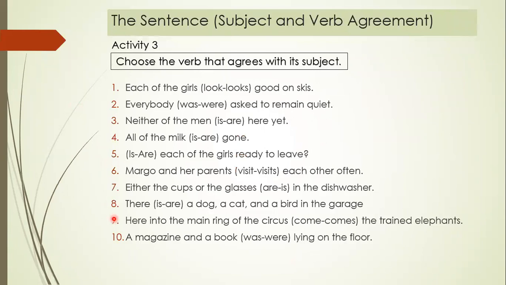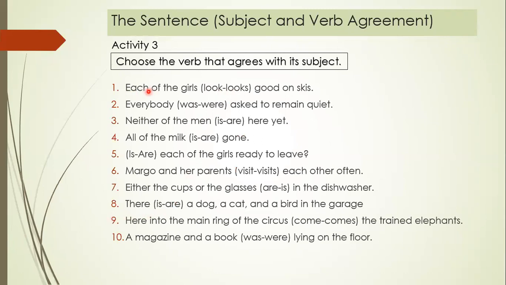We have another one. Now let's try to answer this. Each of the girls, activity 3, choose the verb that agrees with its subject. Each of the girls looks good on skis. Now the answer for this one is looks, okay?